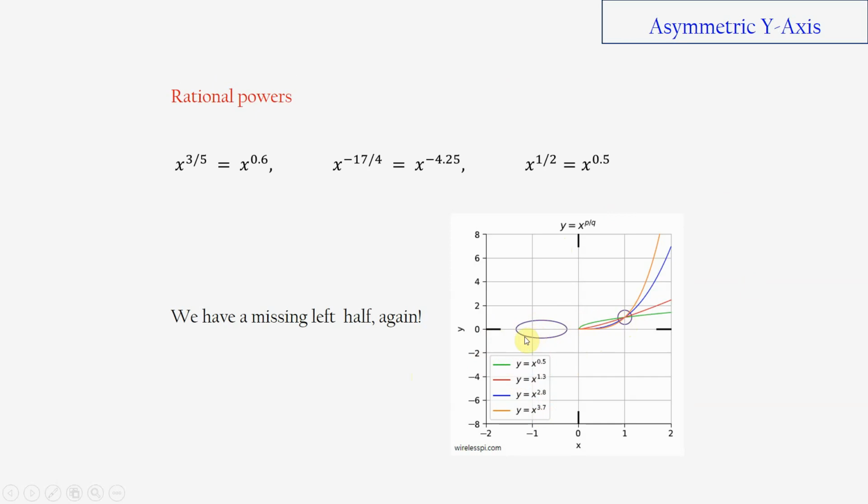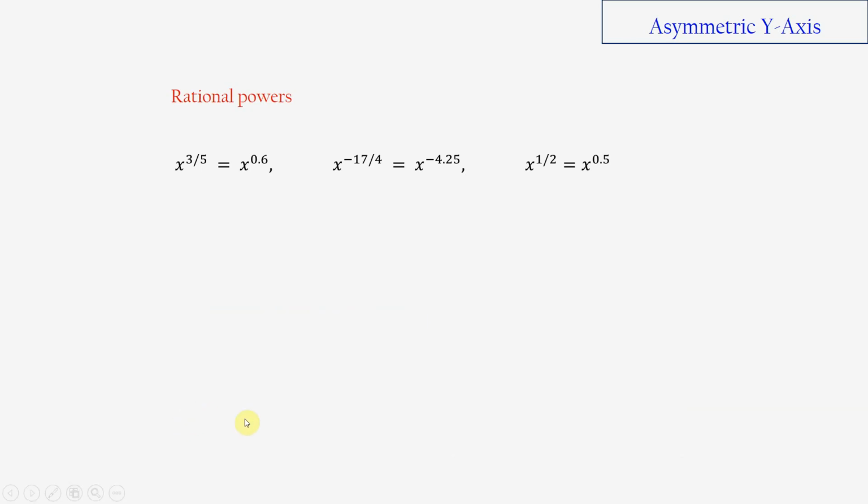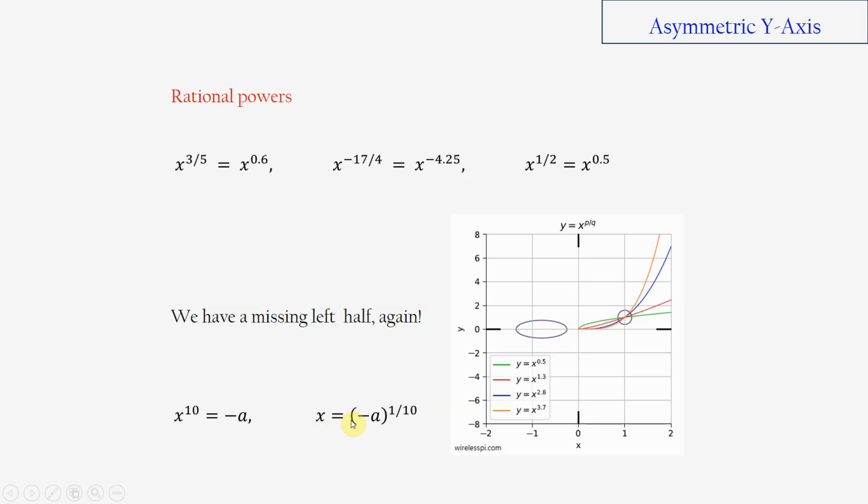Why is this left half missing? Because remember, we can write, for example, 1.3 as 13 by 10. Since there was no x for which x raised to power 10 equals minus a in the fourth quadrant, we do not have an x for which the 10th power of a negative number can be associated to a number. This results in the missing left half here.